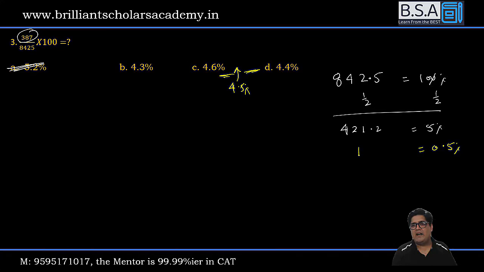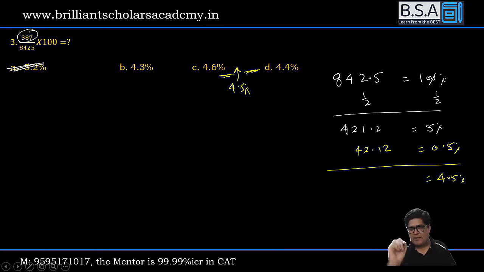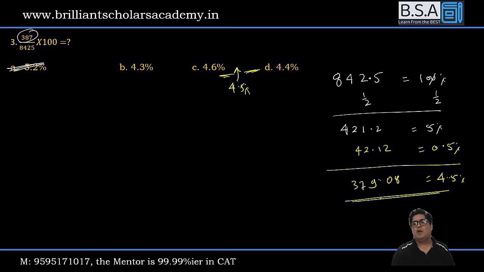Move one decimal ahead. 42.12 is 0.5. So 4.5%. Just subtract. Carried over 1. 9. 41 minus 4. What I have is 379.